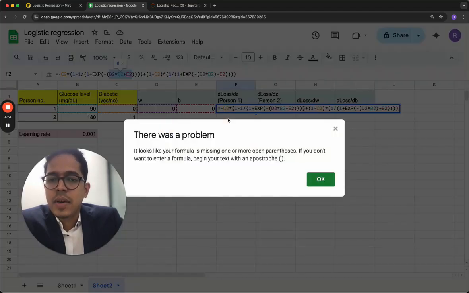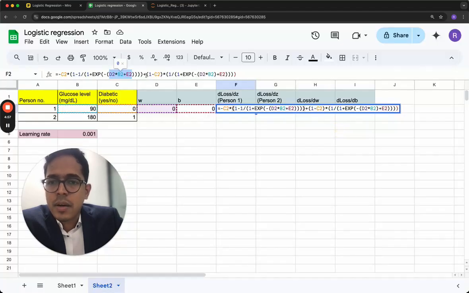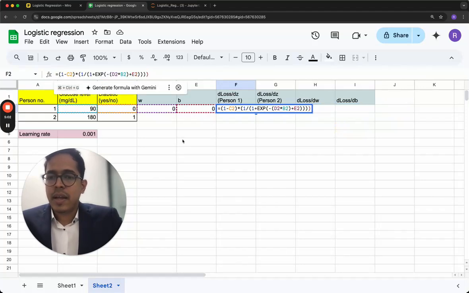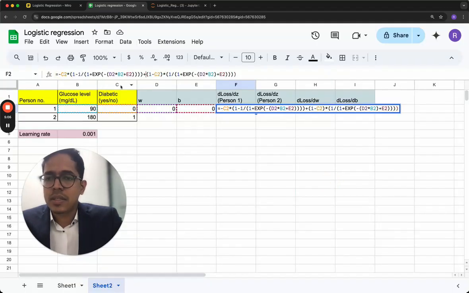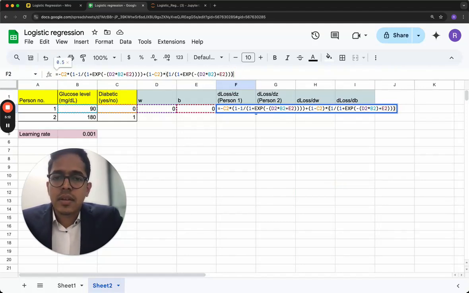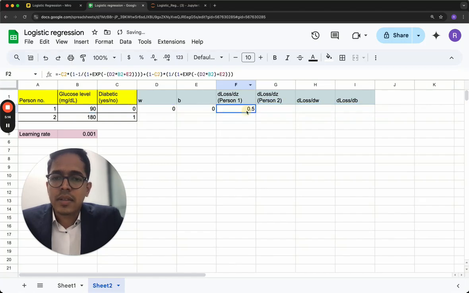The formula is missing one or more open parentheses, so maybe a parenthesis is missing. I'll cut this to see if a parenthesis is missing here or not. Okay, yeah, in this part some parenthesis is missing, which is fine. Am I having an extra parenthesis? I guess, yeah, I had an extra parenthesis.